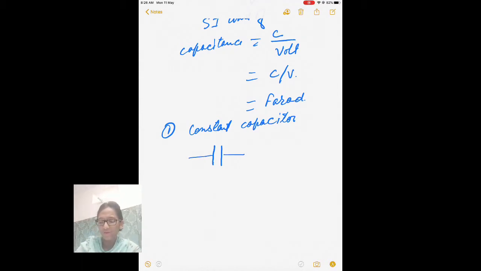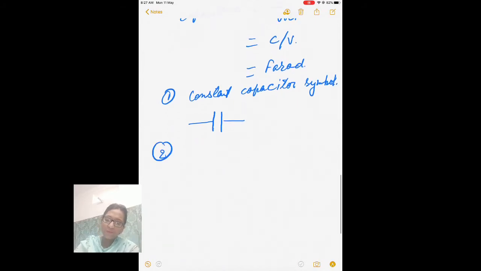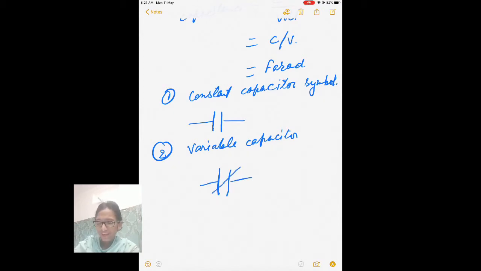This is the symbol for a capacitor. Now variable capacitor: for that you will have the same symbol, but you use an arrow which is cutting the two parallel lines. So these two kinds of capacitors do you have.